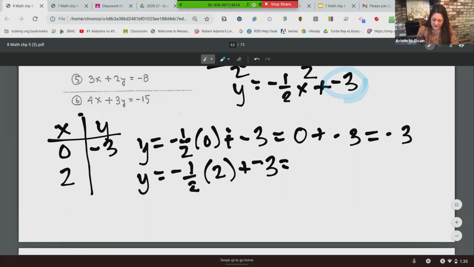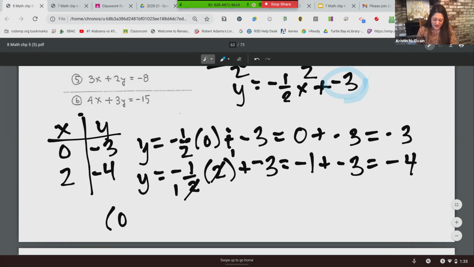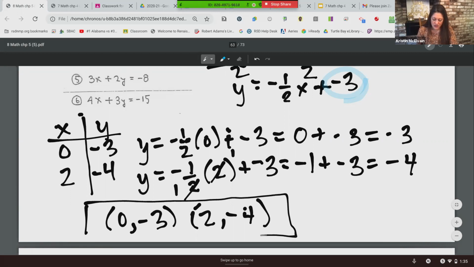Okay, so these simplify. 2 and 2 gives me -1 plus -3, which of course is -4. All right, so those are my xy's, and so you would write that as 0, -3, and 2, -4. That's for number 2.